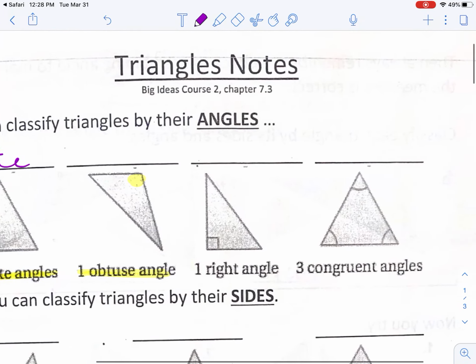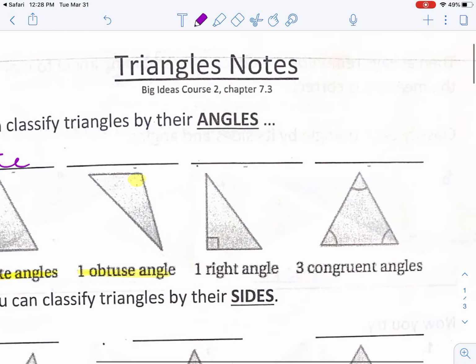Moving over to the right, we see the right angle, 90 degrees, which makes this a right triangle. And then finally, this one may be new to us, three congruent angles. Remember, congruent means same. And if you look inside, they each have one arch, saying that all three of these angles are congruent.